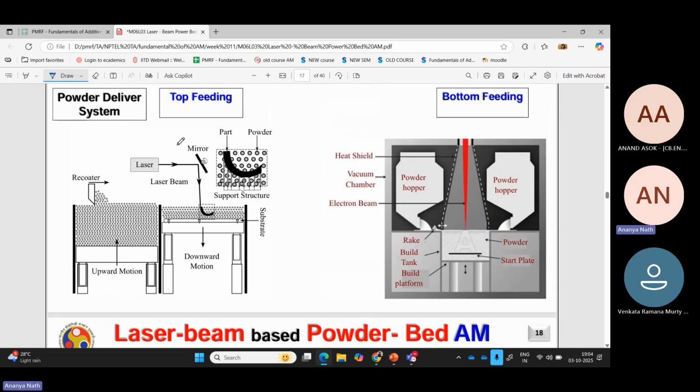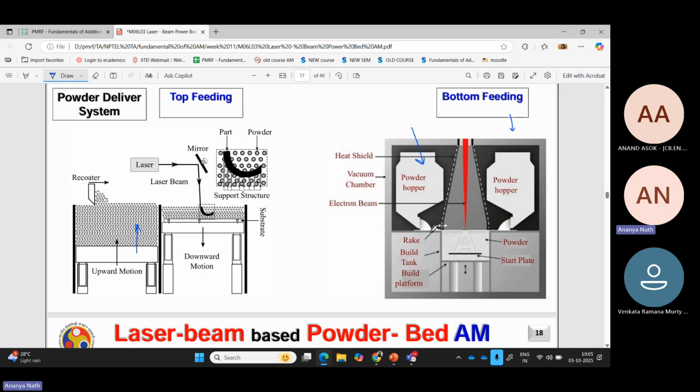So this is called the top feeding, where this dispenser moves up and you pour the powder on the build plate. There can be bottom feeding as well. That means you are feeding the powder from the recoater itself. So your recoater is this thing which is moving, and the recoater is mounted on a powder hopper or powder feeder. When your recoater is moving, it has small holes, and from the small holes, the powder is coming.